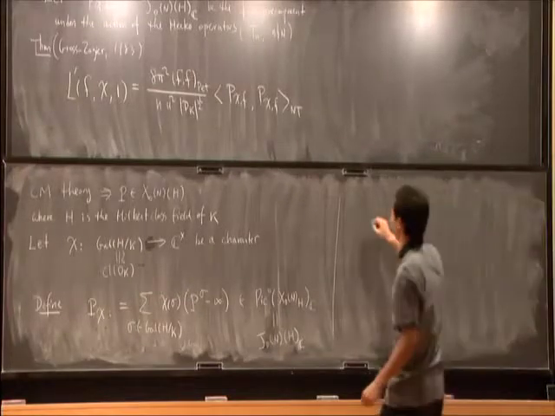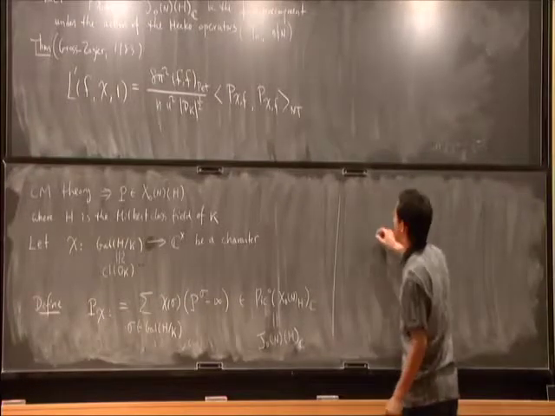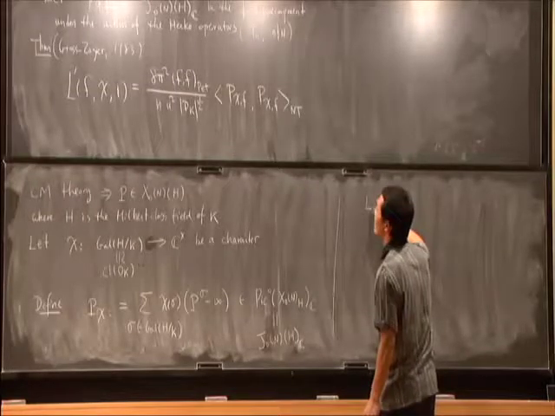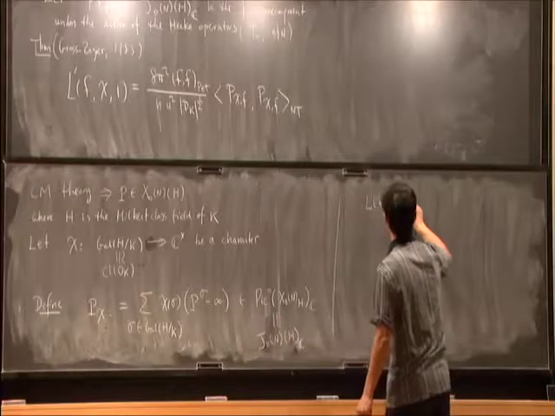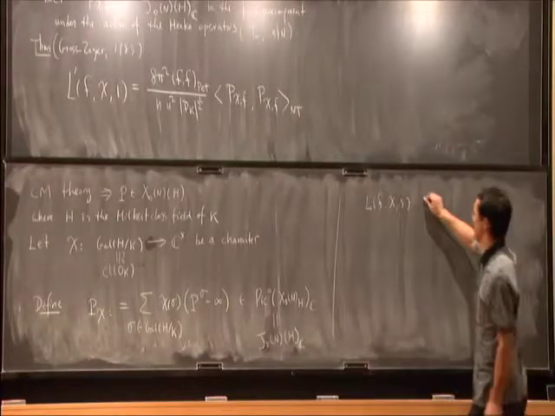So now I explain the notations. This L(f,χ,s) is the Rankin-Selberg L-function.